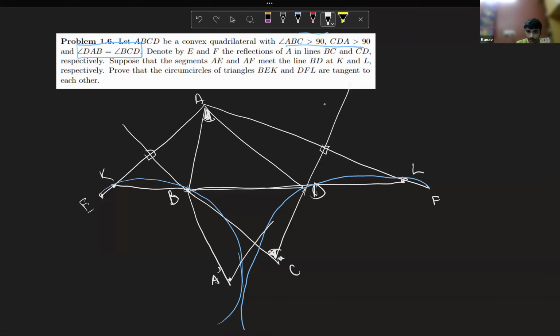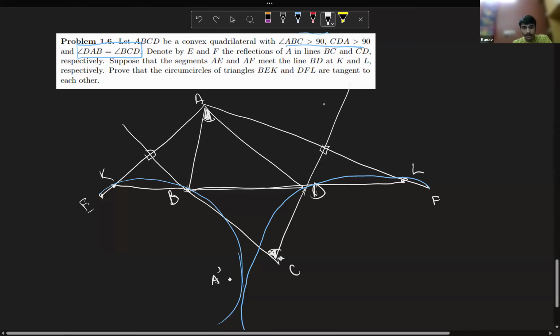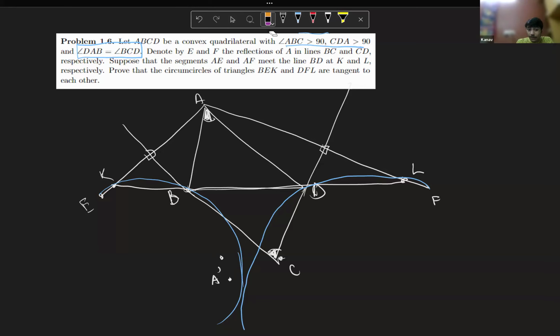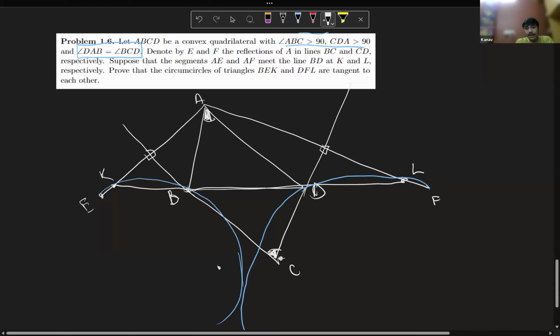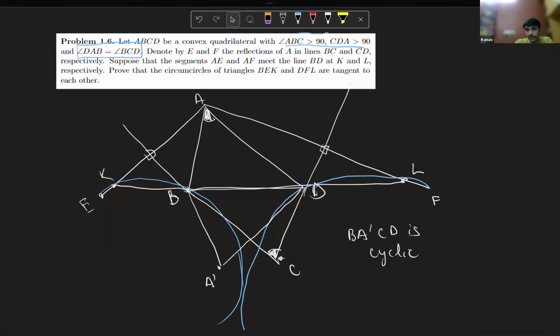And just because we already have a lot of reflections of A, let's try reflecting A over BD. So one thing we know is that B A prime CD is cyclic. Can we get some more information?